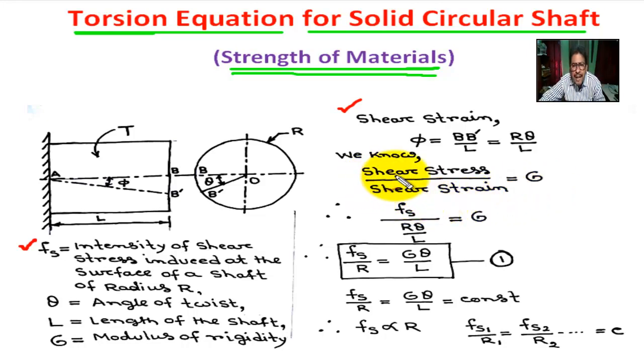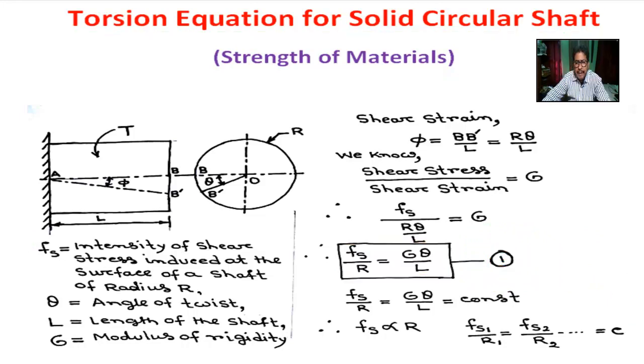So shear stress Fs by shear strain R theta by L equals G. So Fs by R equals G theta by L. This is marked as equation 1.